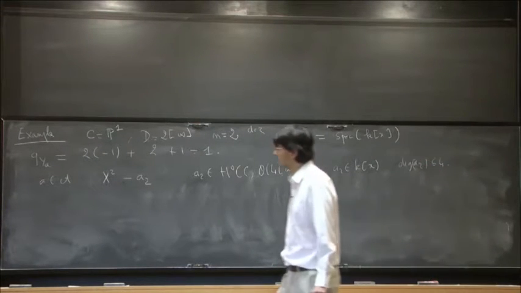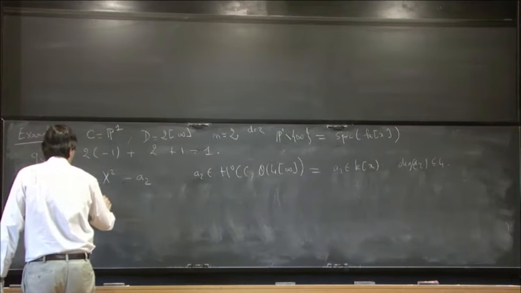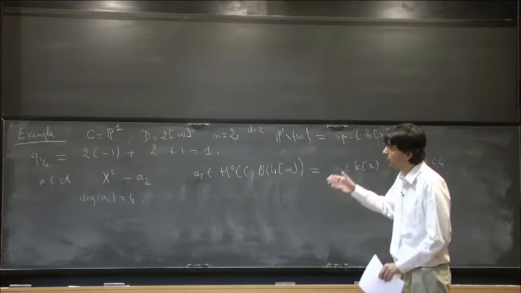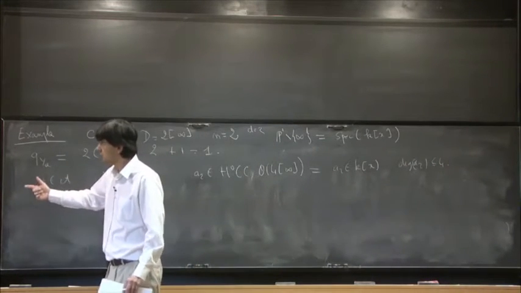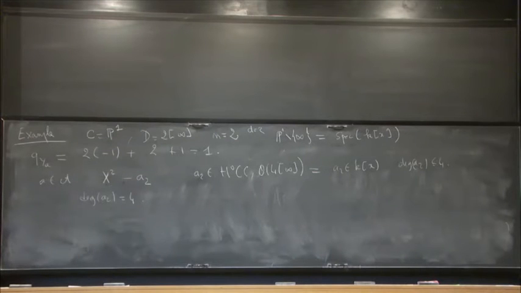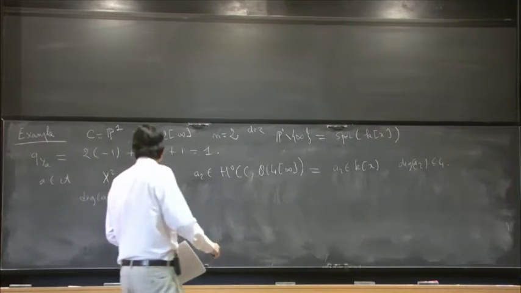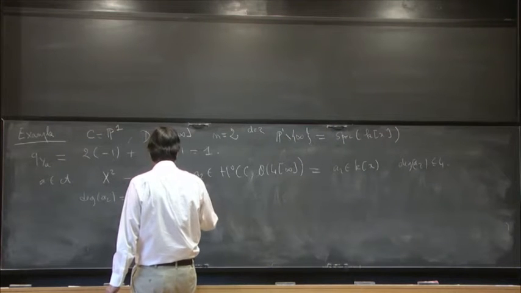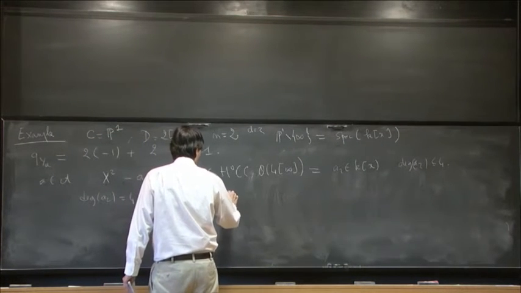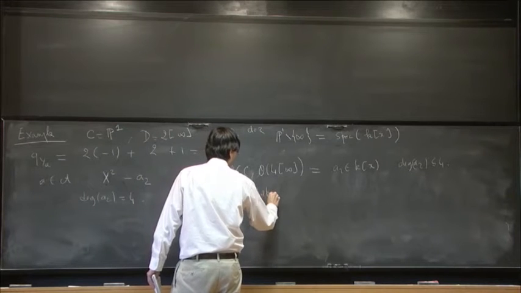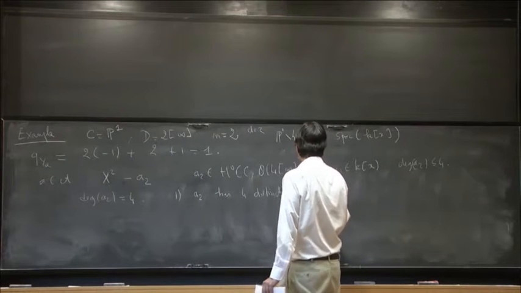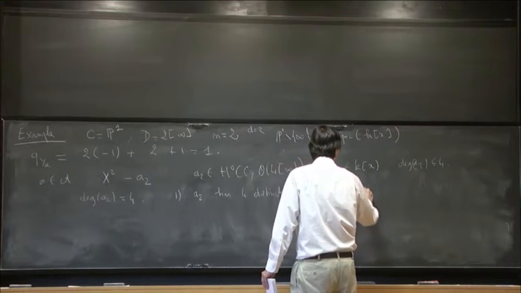Let me assume that a2 is exactly of degree 4. This means in particular that the morphism pi_A will be étale over infinity. So what happens in this case? First assume that a2 has 4 distinct roots. Then Y_A will be smooth.